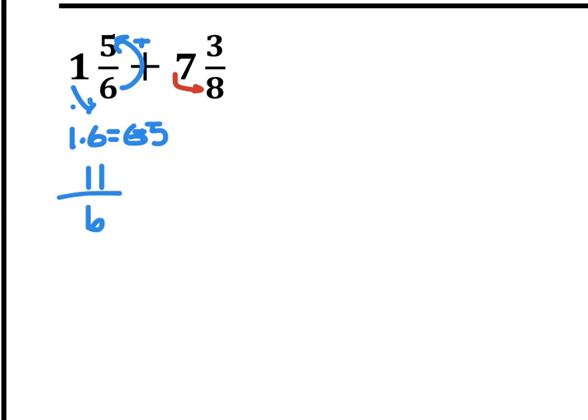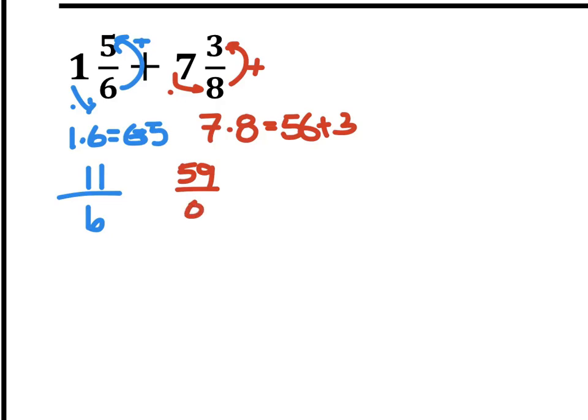And then cycle the 7 and 3/8. 7 times 8 is 56. And then that's a 6 there, plus the 3. So that would be 59/8 right there, which we are adding on this one.